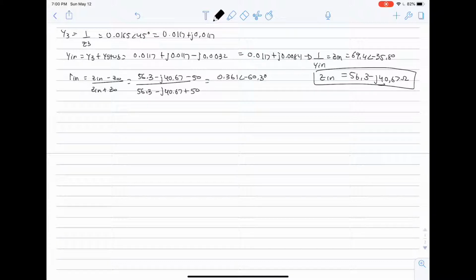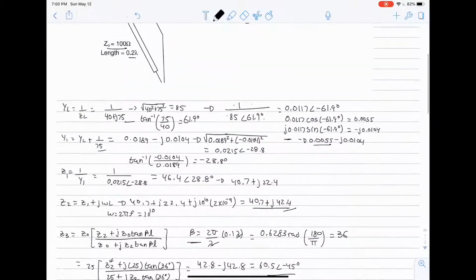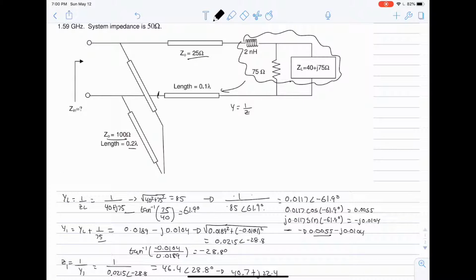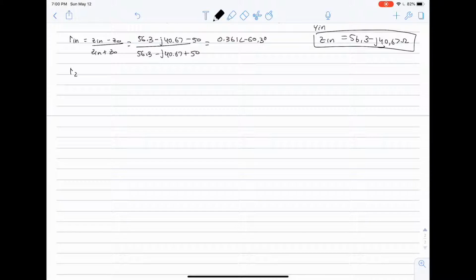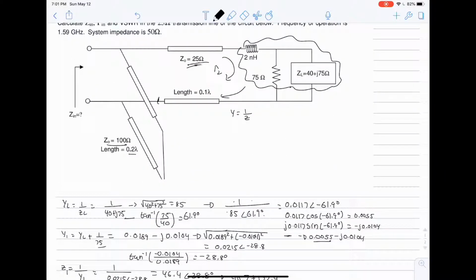To calculate the VSWR, we need the magnitude of our gamma, we'll call it gamma 2. Gamma 2 equals (Z2 minus Z0) over (Z2 plus Z0), and this Z0 is the Z0 of our transmission line.